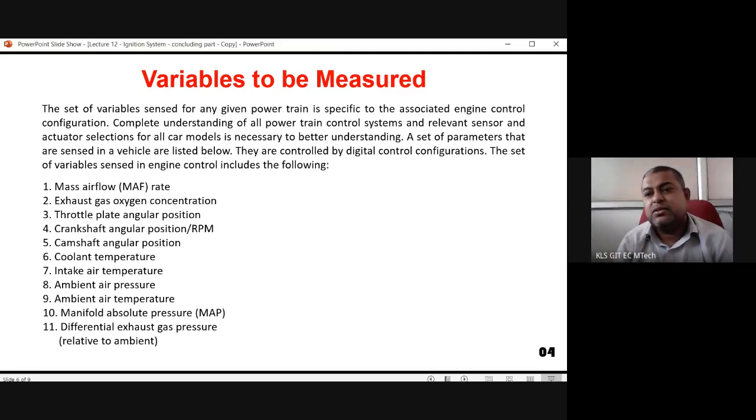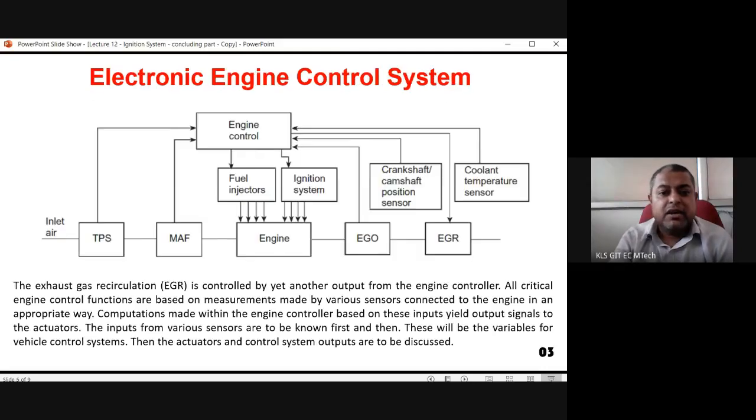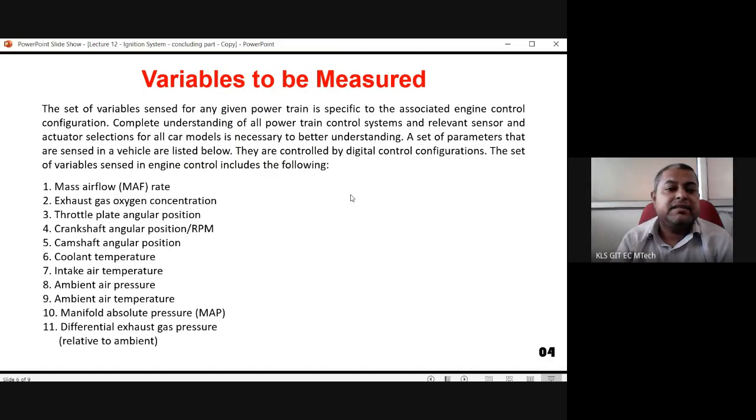Exhaust gas oxygen concentration, that is EGO. How much is the oxygen concentration in the exhaust gas? Throttle plate angular position, that is TPS. Crankshaft angular position. I think this is the most important parameter for any vehicle, the angular position of the crankshaft, because the distributor works depending on that.